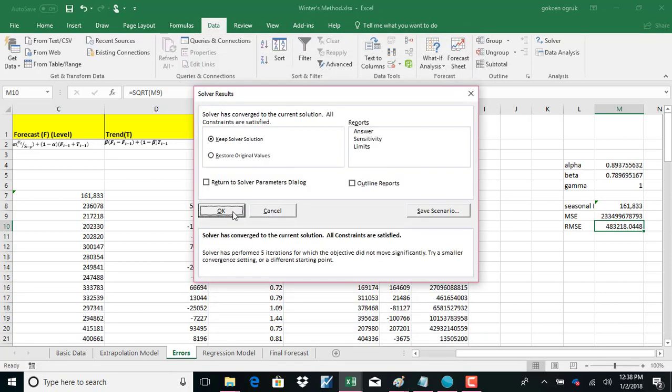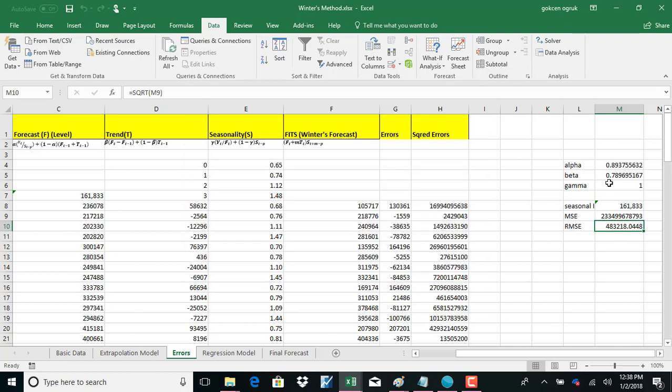Then the computer is going to ask us to keep the Solver solution. You will click OK. The program will calculate different values for alpha, beta, and gamma, and it will pick the ones that give us a minimum value for the root mean square error statistic. As you remember, it was 1 million something before. Now it drops down to 483,218.